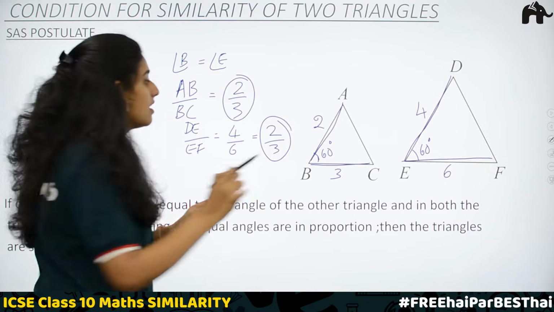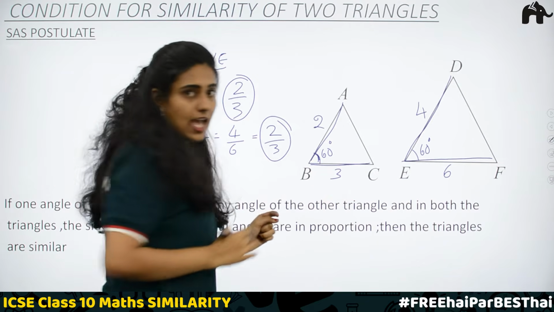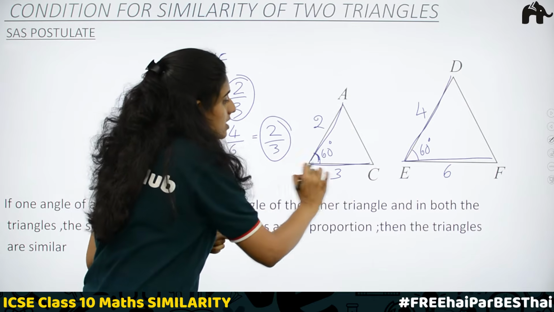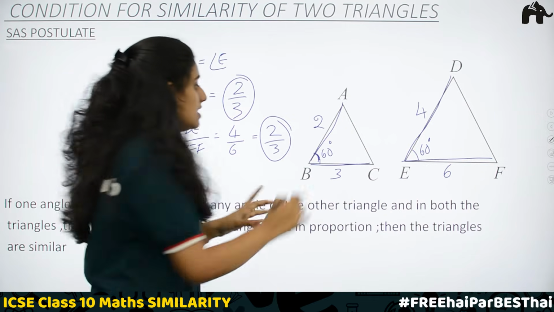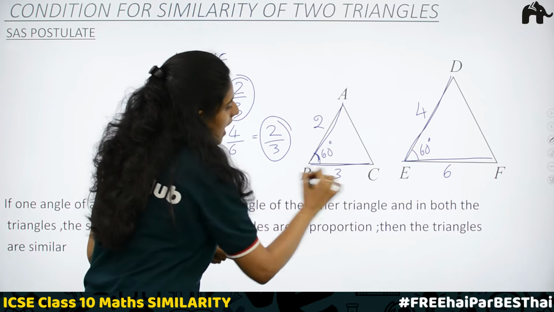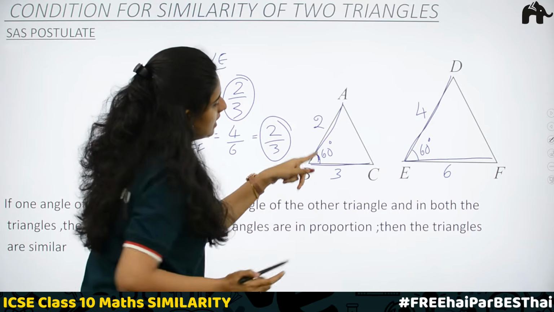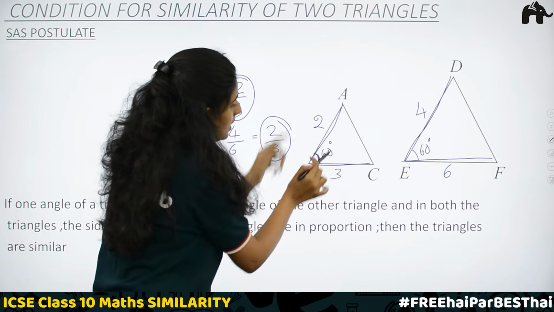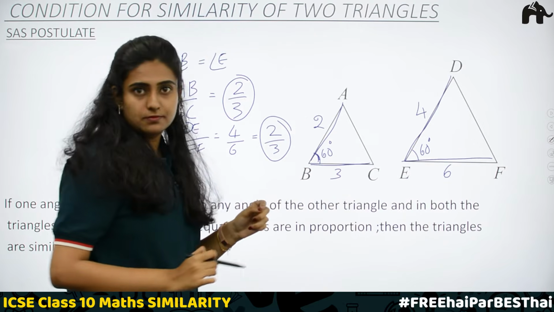To remember, if you are considering this angle, we have to take the sides which touch this angle. That is, the angle should come in the middle. Yes, here AB and BC, the angle 60 degree, that is angle B is coming in the middle of AB and BC.